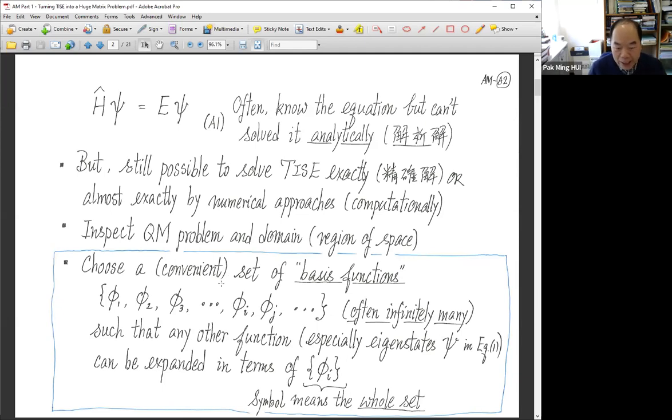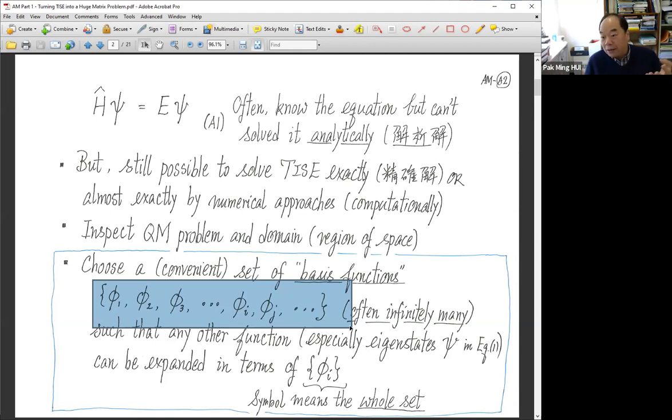The choice is that we inspect the problem defined by H. For example, what is the domain that the particle will live in? Okay, how far in space that you can find the particle, for example. And then you make a choice of a basis set, so-called basis functions, okay, a set of basis functions.